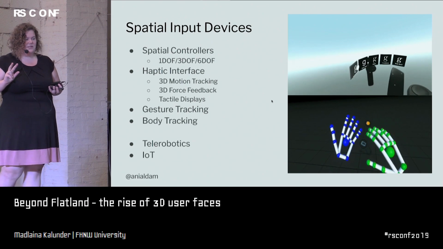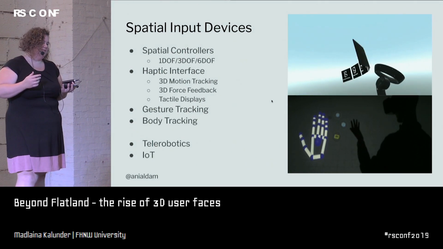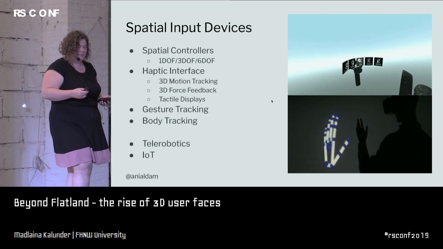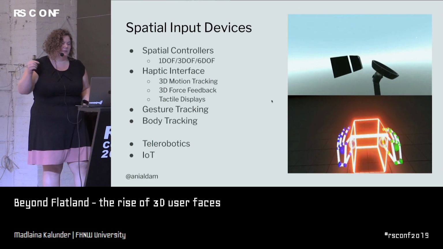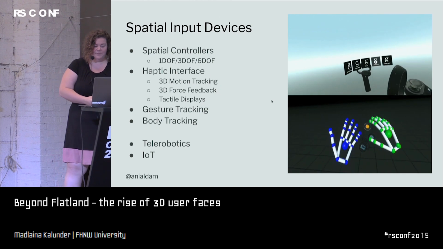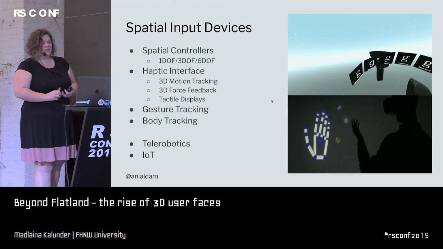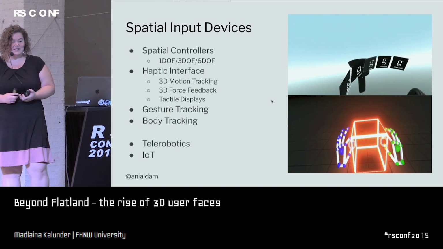These are 3 degrees of freedom. And I can pitch my head, roll it, and turn it. That's the other 3 degrees of freedom. 1 degree of freedom would be, for example, a button, because I can only press it in one direction. Then we also see coming up a lot of research and a lot of interest in actual haptic interfaces.